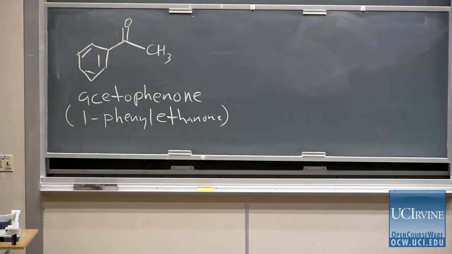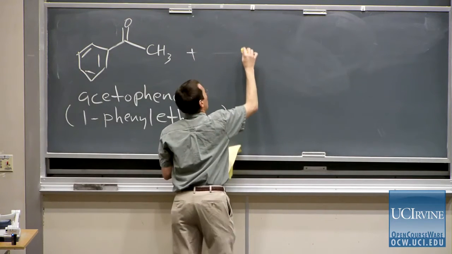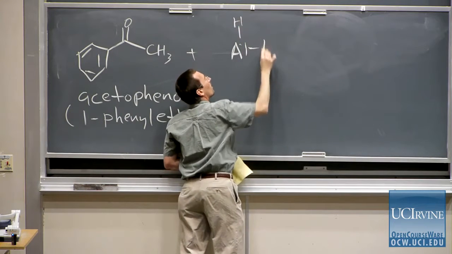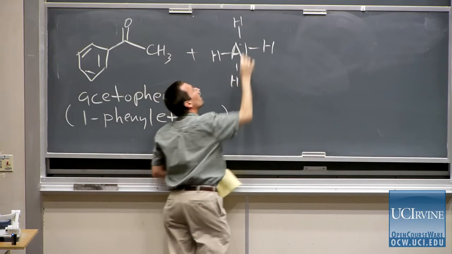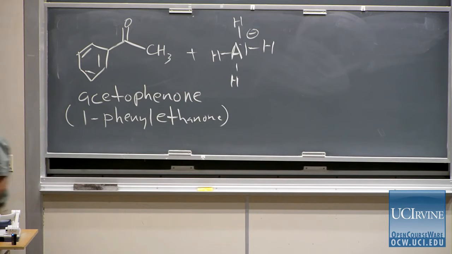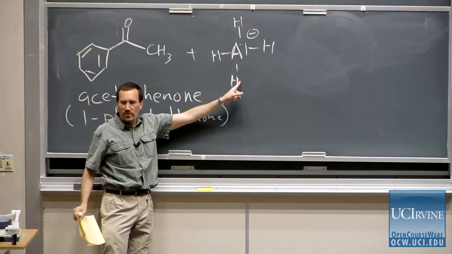And we're going to imagine treating this compound with lithium aluminum hydride. And now we're going to see how it reacts as hydride anion. As I said, aluminum is more electropositive than hydrogen.